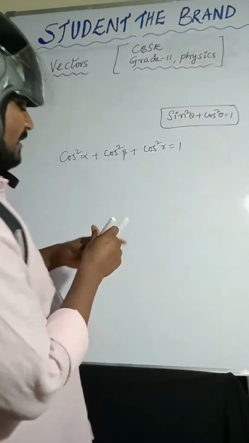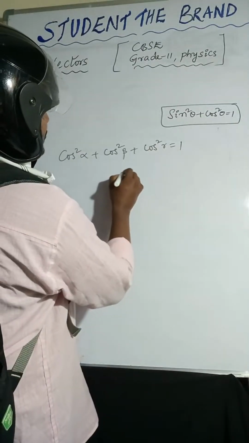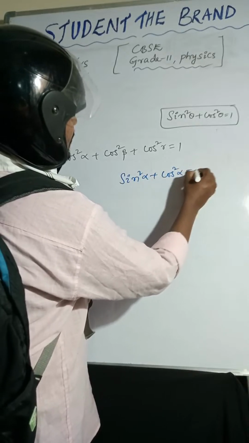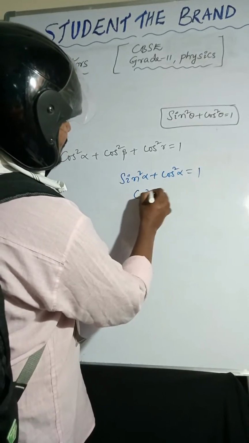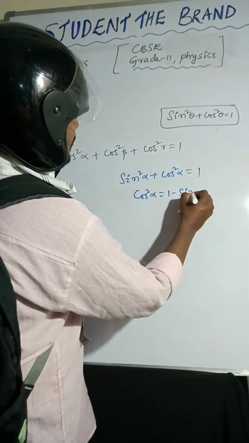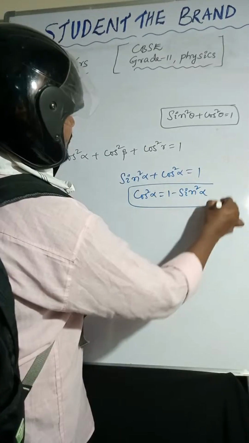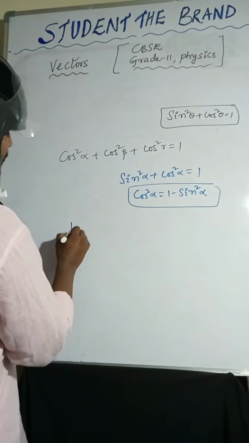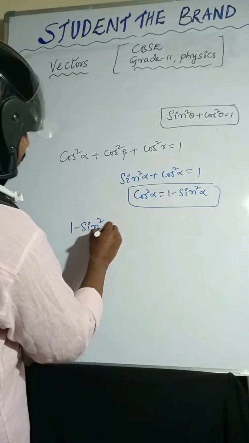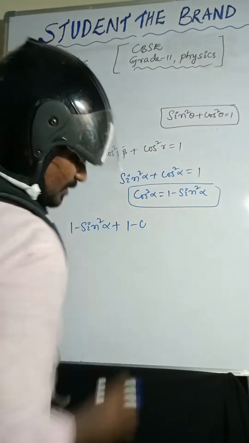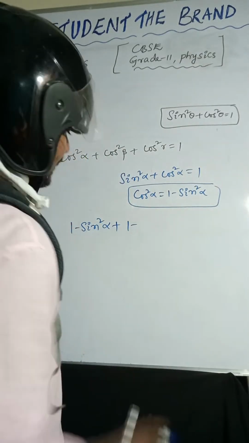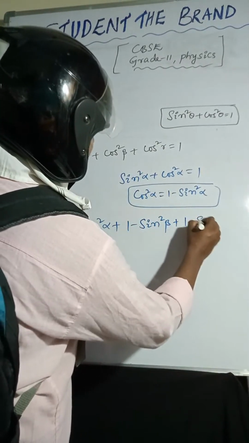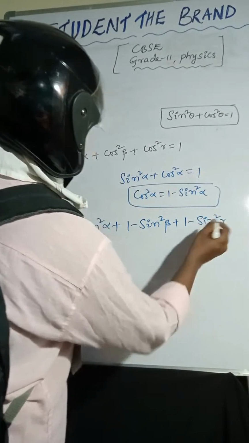Suppose sine square alpha plus cos square alpha equal to 1, cos square alpha equal to 1 minus sine square alpha. In this way if you write, now you can see here 1 minus sine square alpha plus 1 minus sine square beta plus 1 minus sine square gamma equal to how much?